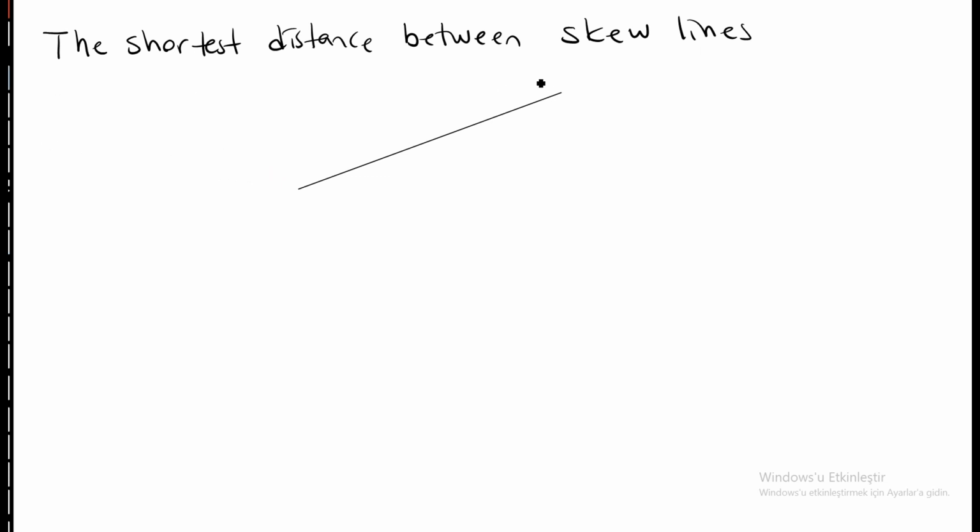This is the L1, and then you have another line here. This is skew. So let's say this is L2. So now the shortest. So let's say this is the shortest one. So let's say this is D1. This is D2. Okay, this is D1, D2. So we are looking for these D1, D2.